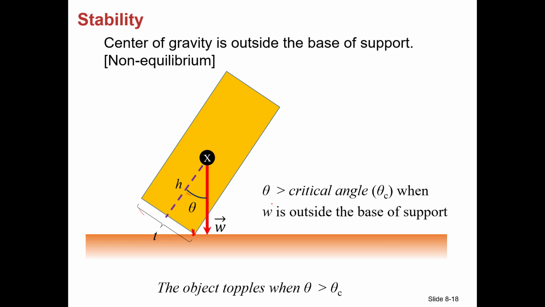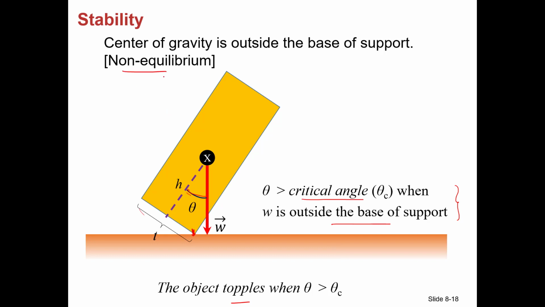So two things to be considered here. First, the angle between h and w is greater than the critical angle, and this weight is outside the base of support. So in this condition, the object topples, or it becomes unstable, which is also called non-equilibrium.